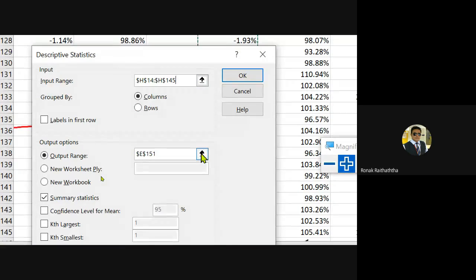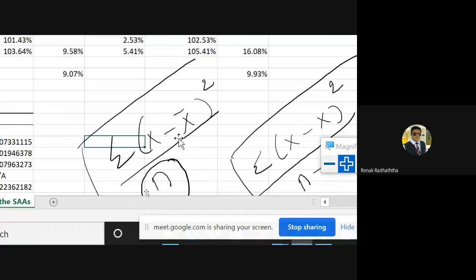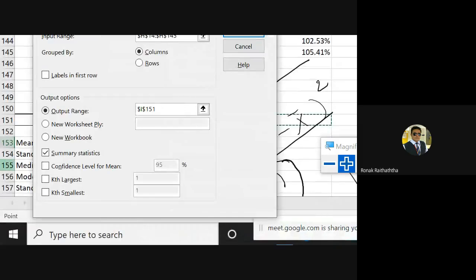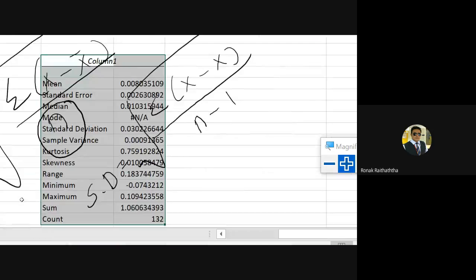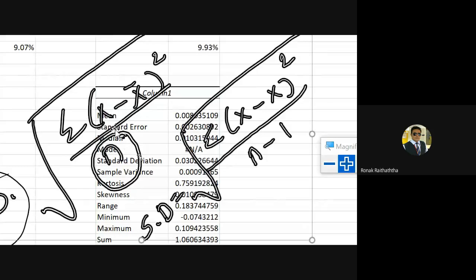Where you want the output, for that as well, you need to give the range. Say I need the output over here in that cell. So I'm clicking on that, pressing enter, and again pressing enter. And the summary statistics must have been ticked over there, right? Pressing enter. So you have it for the third one too. But the data looks a little messy because of these pictures.